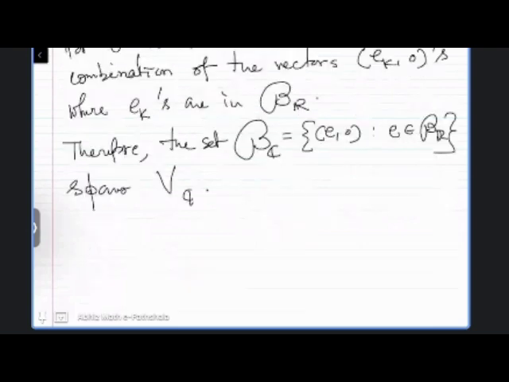So it remains to check whether this BC is linearly independent over the field of complex numbers in VC.